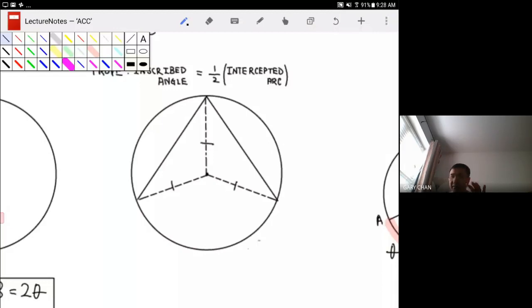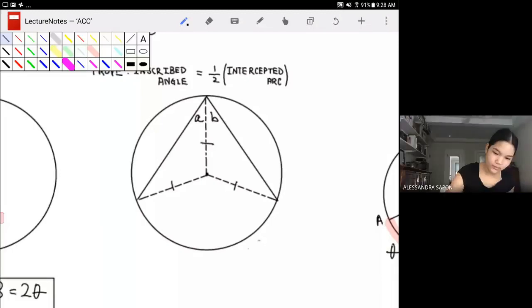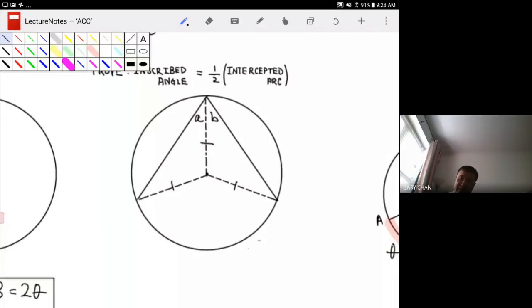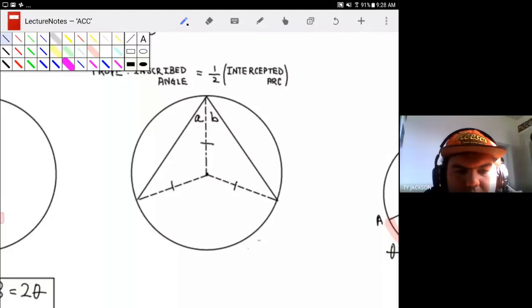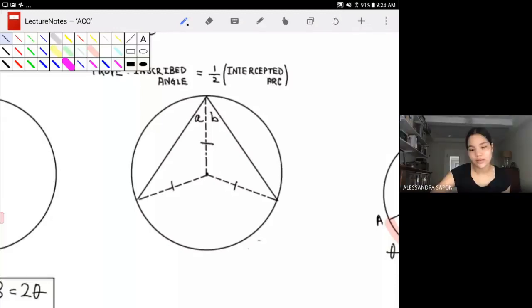And then from there, perhaps we can work backwards and figure things out. So if I call this angle A, and I call this angle B, are there any other angles in this diagram that are also angle A and angle B? Yeah. Which angles? The two other angles.